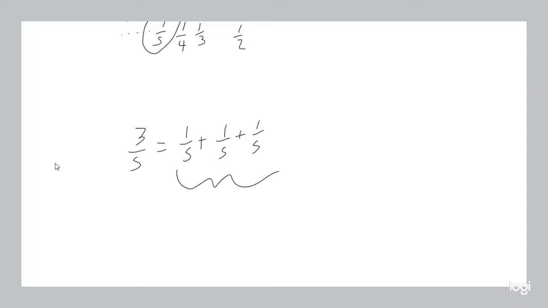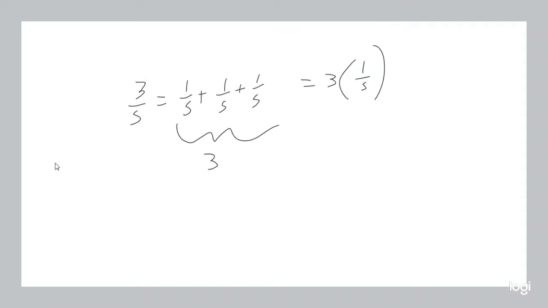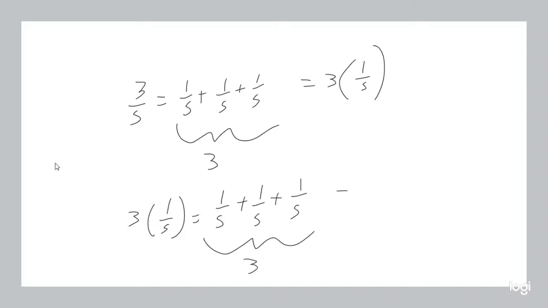Because you have 1/5 added up 3 times. 3 times 1/5, by definition of what multiplication is. 3 times 1/5 is 1/5 added up 3 times. Now, if you add up 1/5, you can write that as 3/5. Right? That's what 3/5 is. It's not 1/5, it's 3 of them.